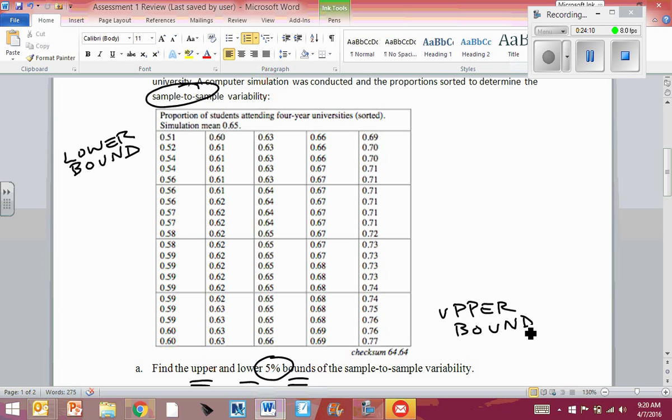What we're going to do is go in 5% from the little kids, and then in 5% from the big kids. Whoever is the 5th guy in is 5% away. Watch this. 1, 2, 3, 4, 5. Don't be confused anymore.